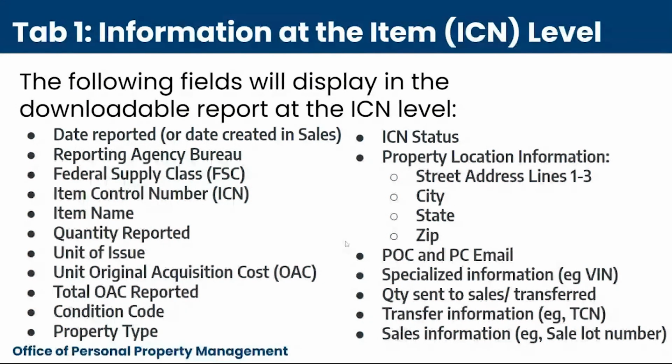This includes the following information: the date the item was reported to PPMS or the date was reported on the sales side, the agency bureau, federal supply class, item control number, item name, the quantity reported and unit of issue, the unit original acquisition cost, or OAC, and the total OAC reported, the property's condition code, property type, the ICN status, the property location information, the point of contact and property custodian email, specialized information like a vehicle identification number or VIN, the quantity sent to sales or transferred, the transfer information like the transfer control number, and relevant sales information such as the sale lot number.